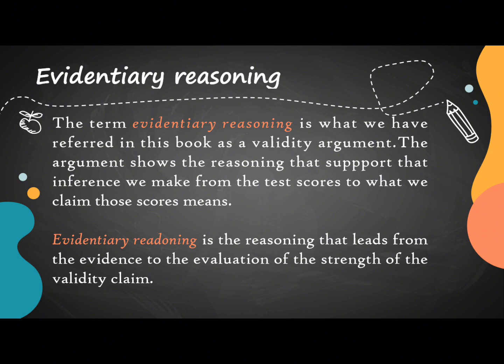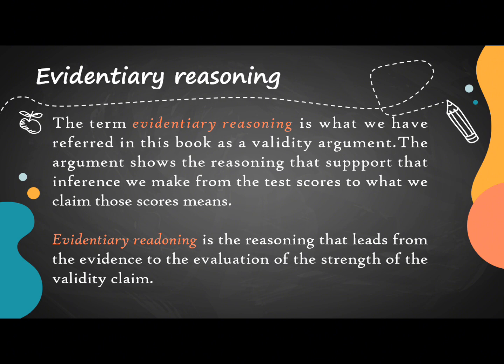The term evidentiary reasoning is what we have referred to in this book as a validity argument. The argument shows the reasoning that supports the inference we make from the test score to what we claim those scores mean. Also, it makes clear that the reasoning, or validity argument, should connect what a test taker is asked to do in a test, of course, through the score.